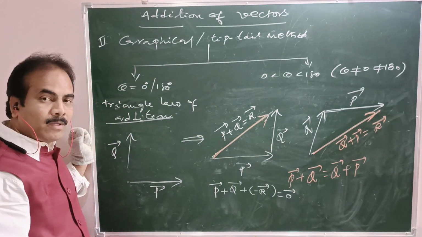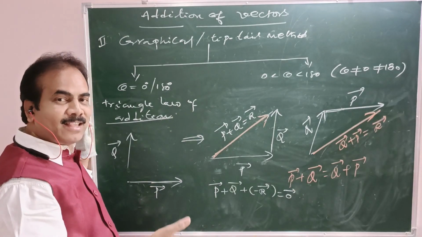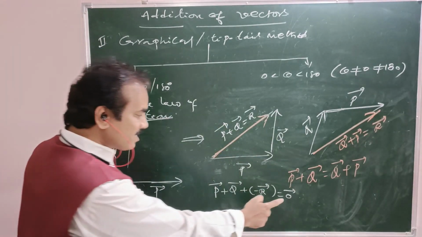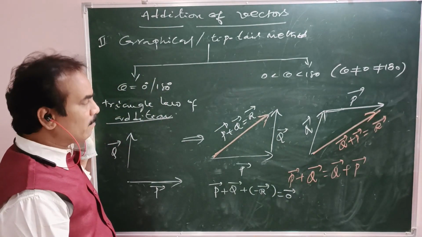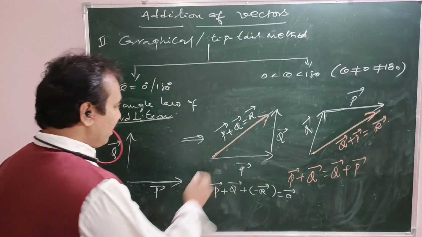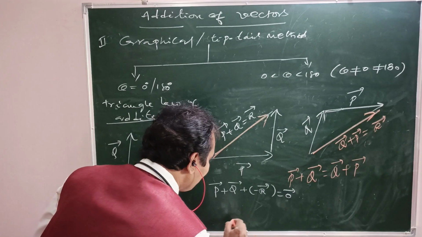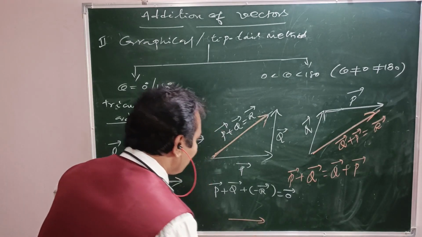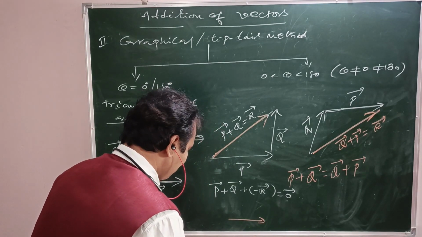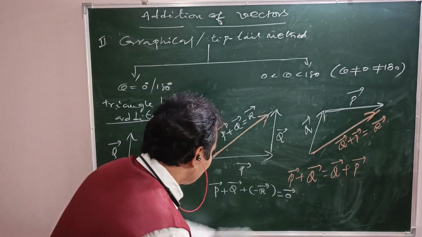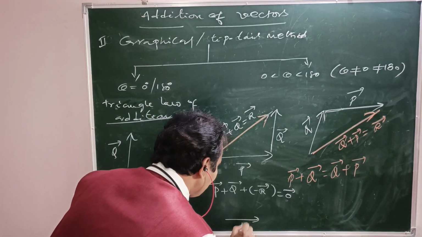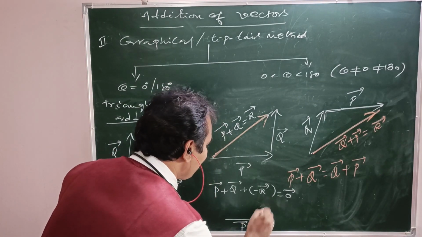Now all three vectors are said to be taken in the same order. Now what is the resultant here? 0 bar. 0 bar means if I draw these vectors like that, this is R bar, this is P bar, this is Q bar.